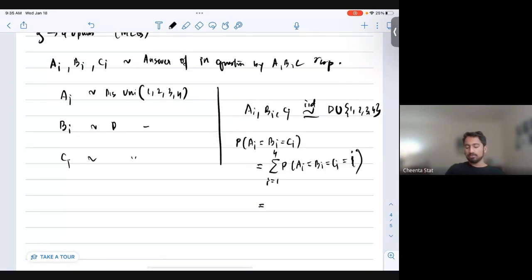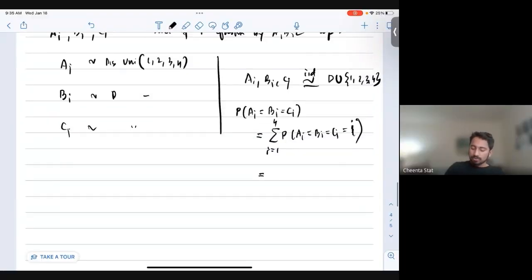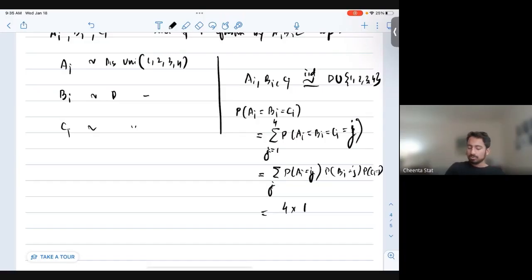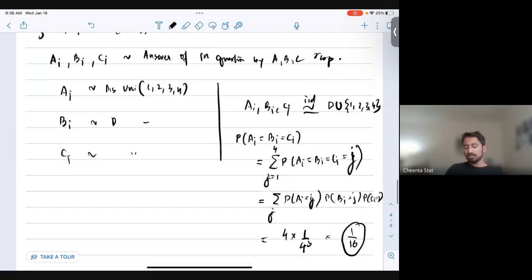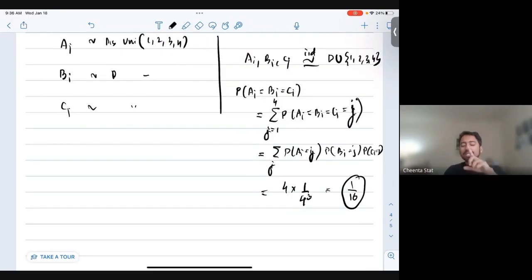So it is the summation over j of the probability Ai equals j, probability Bi equals j, probability Ci equals j. Each of these is 1 by 4, so it's 4 times 1 by 4 cube, which is 1 by 4 square, or 1 by 16. They're IID, so the probabilities get multiplied. So this is the probability that the answer to one problem is the same.